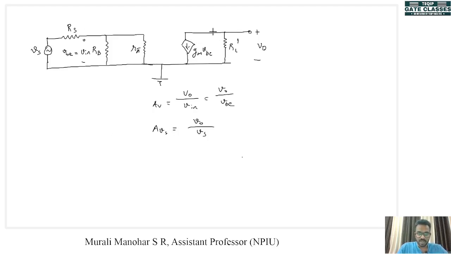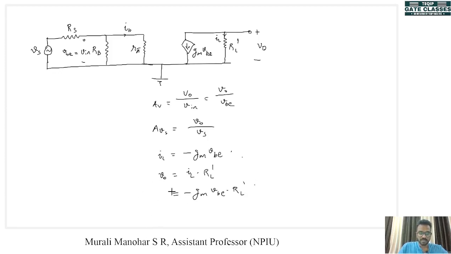Okay. Now we know that a current IL flows here in RL. So if we equate that current to GMVBE, if you consider the directions, IL will be equal to minus GMVBE. Now if you look here, we know that IB flows here, and if you look at the output, we know that V out is now equal to IL into RL dash, and we already got IL, which is equal to minus GMVBE, and that into RL dash.